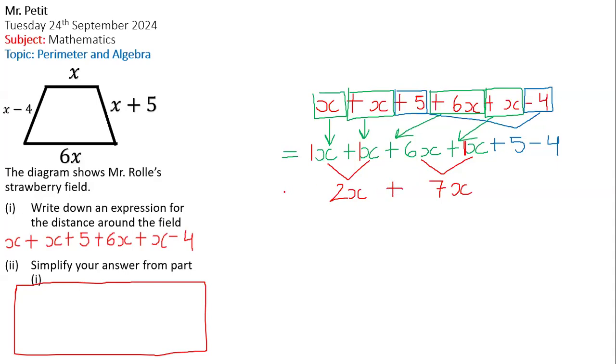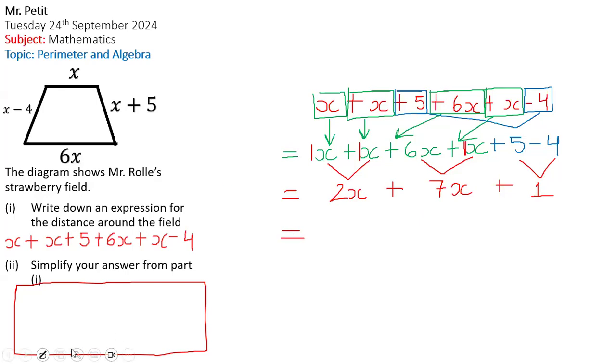We can't do 9x yet. We have to do the numbers. What is 5 minus 4? 1. Good. So this is going to be equal to 9x plus 1.